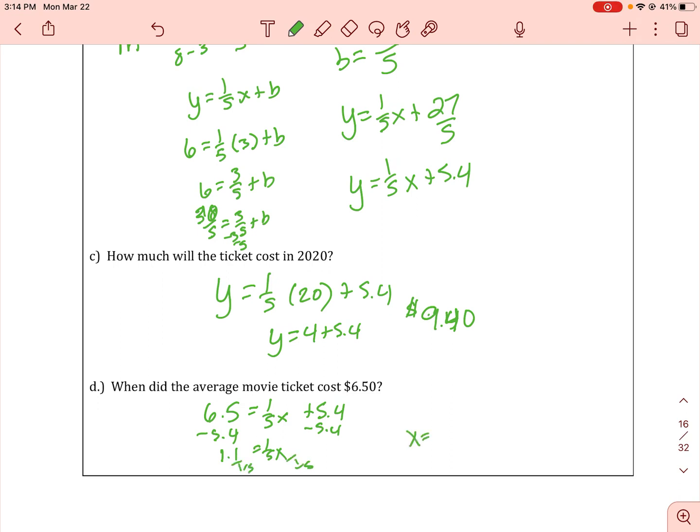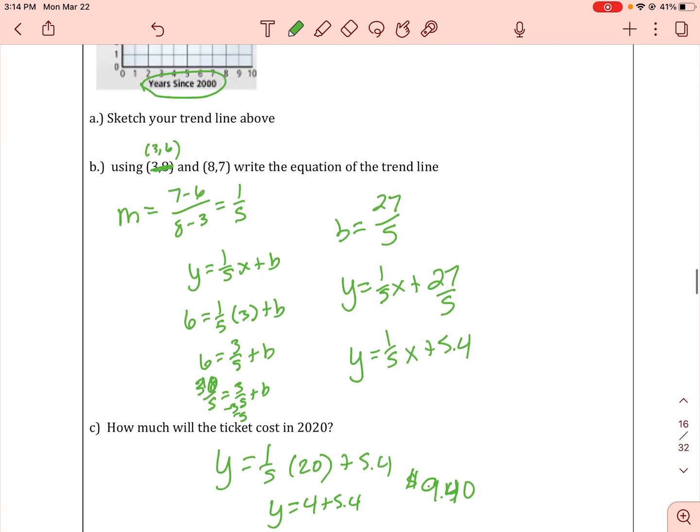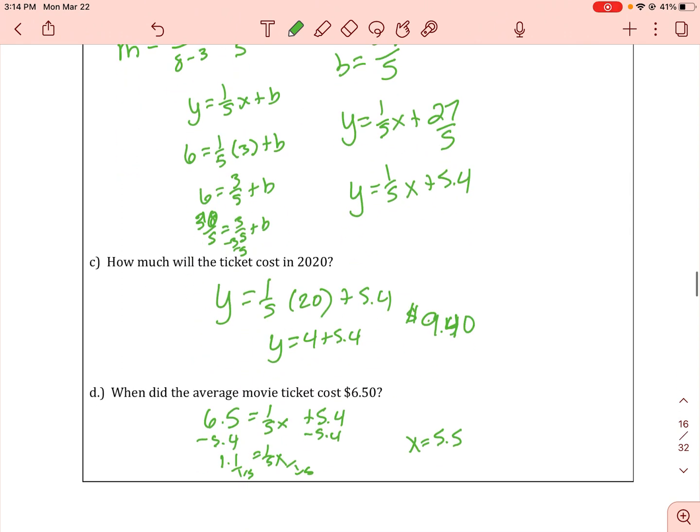I get, so in about 5.5 years since 2000, I can expect movie tickets to cost about $6.50 in the year 2006. Are you going to round up? Because in the beginning of the year 2005, they did not. It was not, because it's 5.5, so we rounded up to that 6th year.